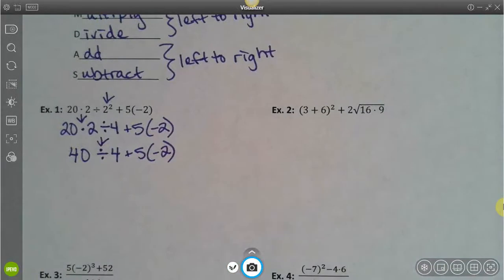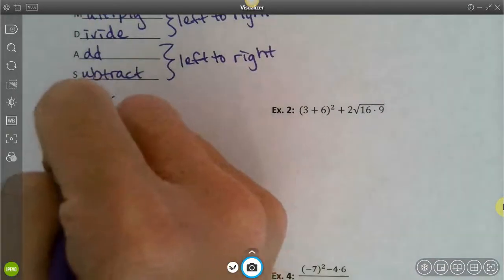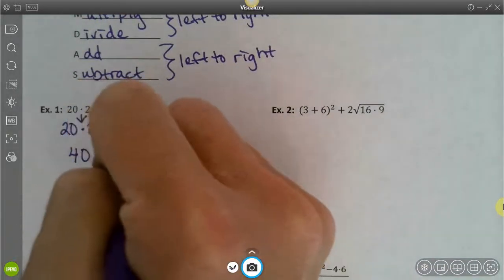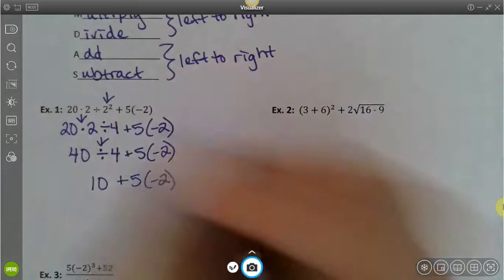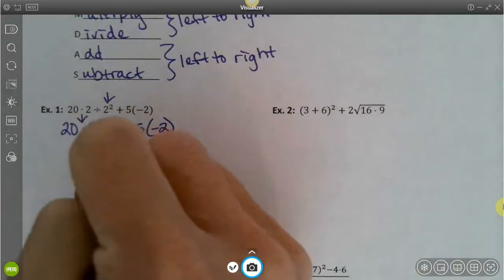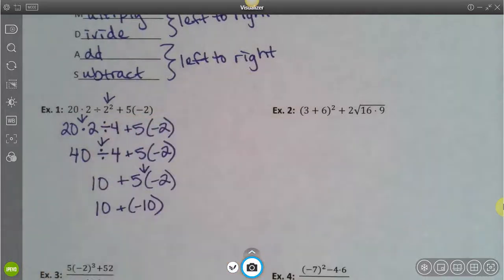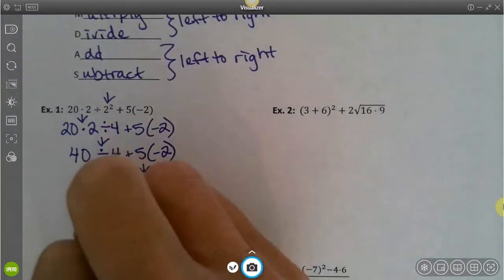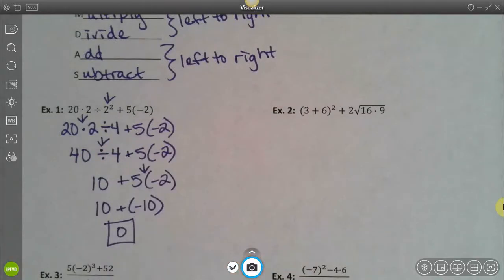So that's what gets evaluated next. 40 divided by 4 is 10. And then I can take care of this multiplication, which is 5 times negative 2 is negative 10. And then lastly, I can do 10 plus a negative 10 or 10 minus 10, which is 0.